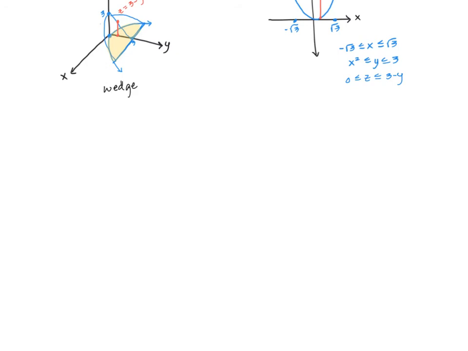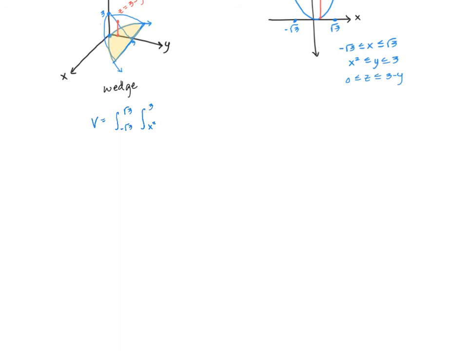And it was a volume, so my integrand is 1, and the volume here is going to be x from negative square root of 3 to square root of 3, y going from x squared, the lower limit, to 3, the upper limit.